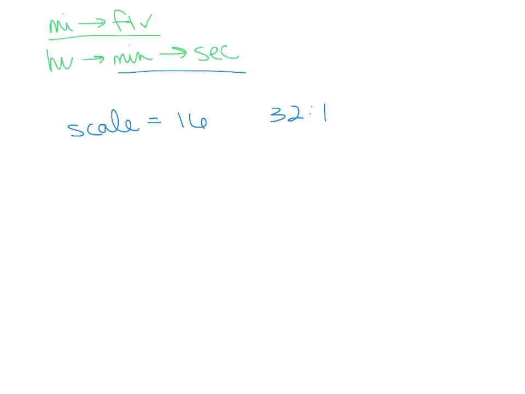Okay? So we are going to have the heart over the actual, because it's not map over actual, it's heart over actual. And this is going to be your scale.